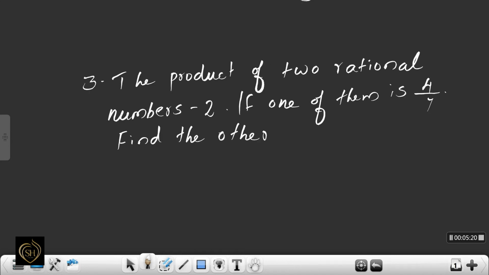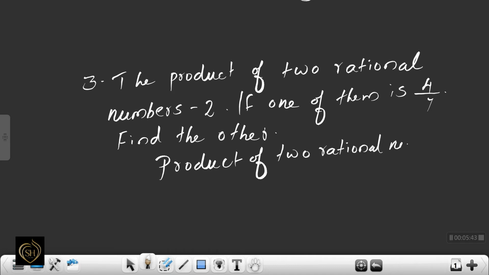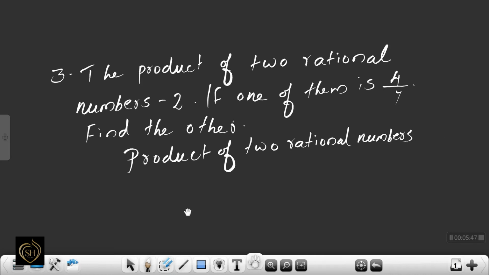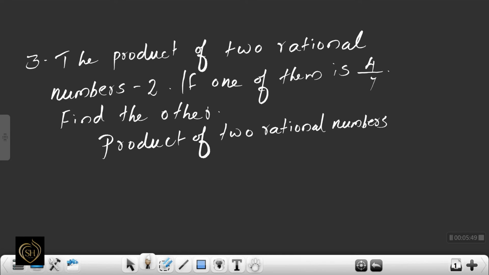Third main question: the product of two rational numbers is negative 2. If one of them is 4 by 7, find the other. Given data: the product of two rational numbers is equal to negative 2.